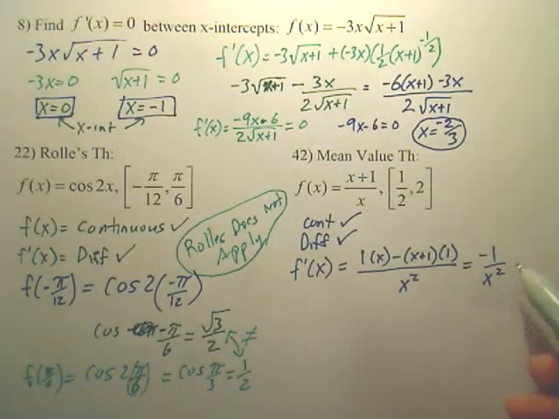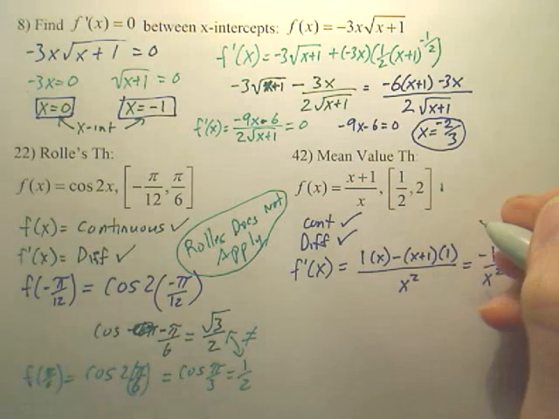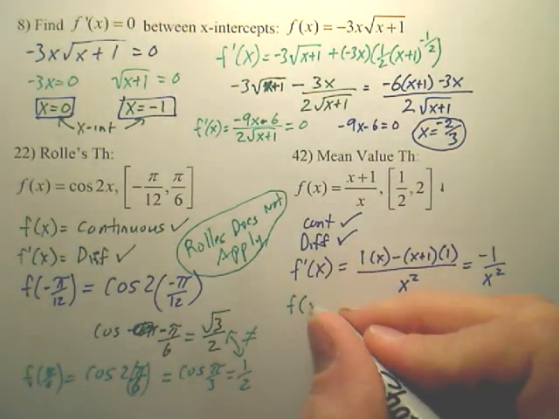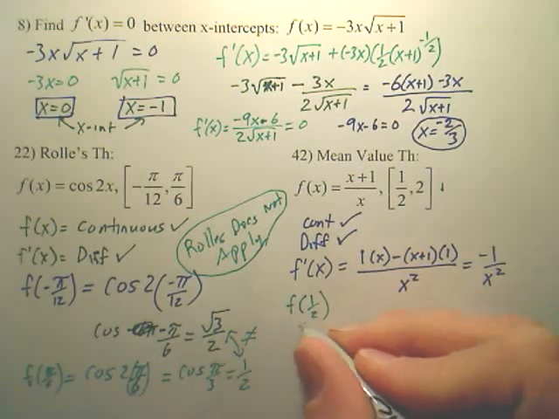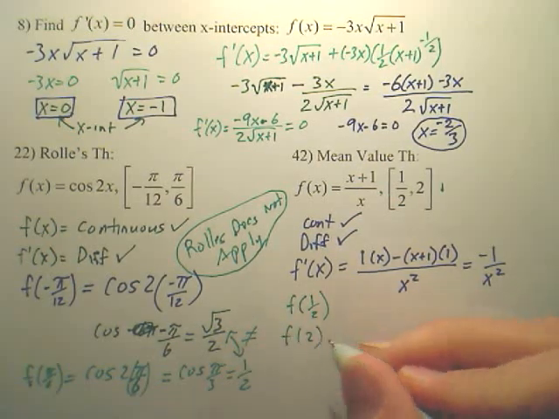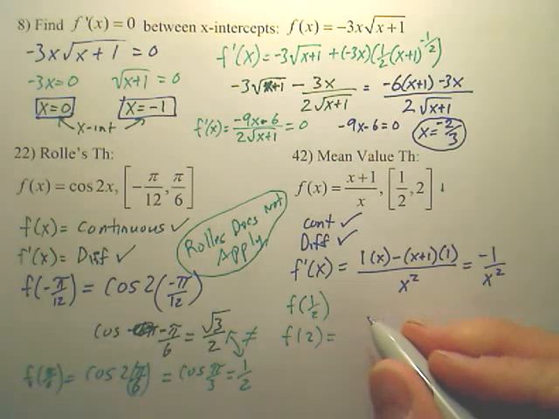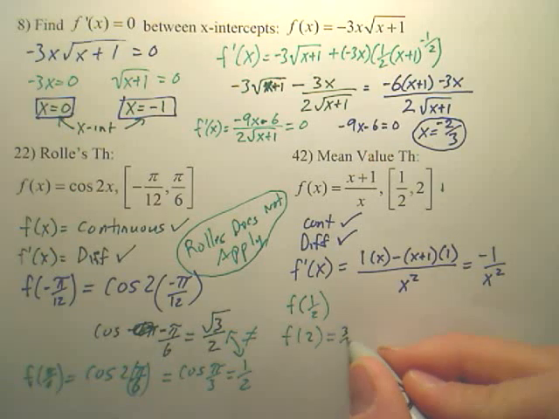So the slope, what we first have to do is find f of 1/2 and f of 2. F of 2 is going to be 3 over 2.